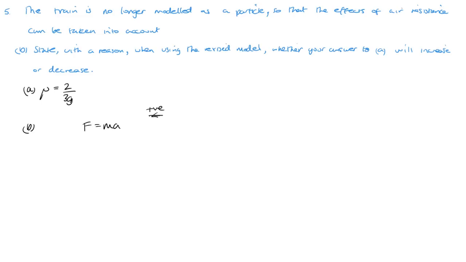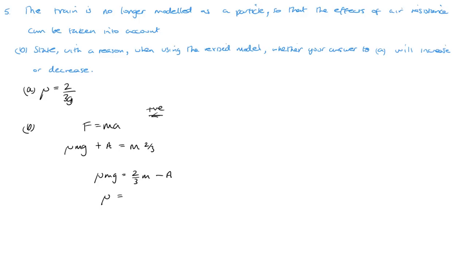But friction was mu times mg, wasn't it? Now this time we're adding air resistance to that, and that's going to be m times a, which is 2/3. Okay, so this time we're going to go with mu mg equals 2/3 m minus a.